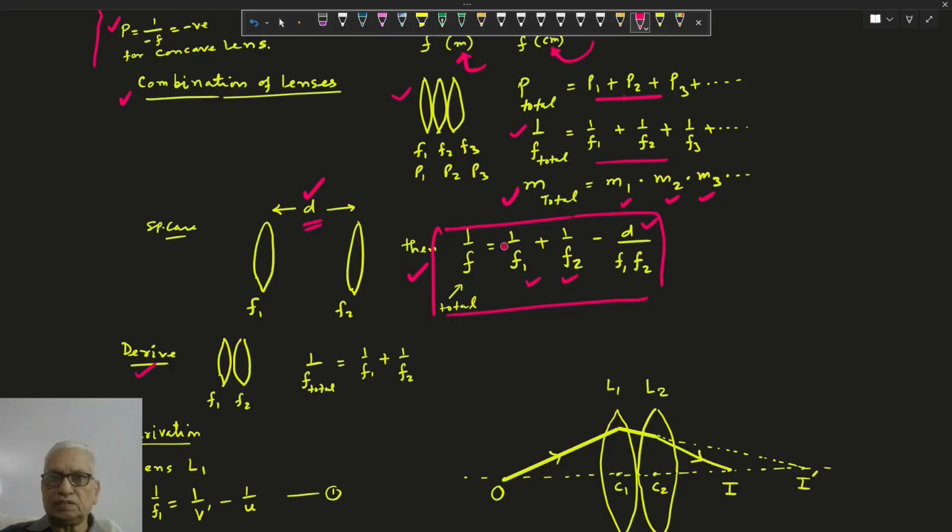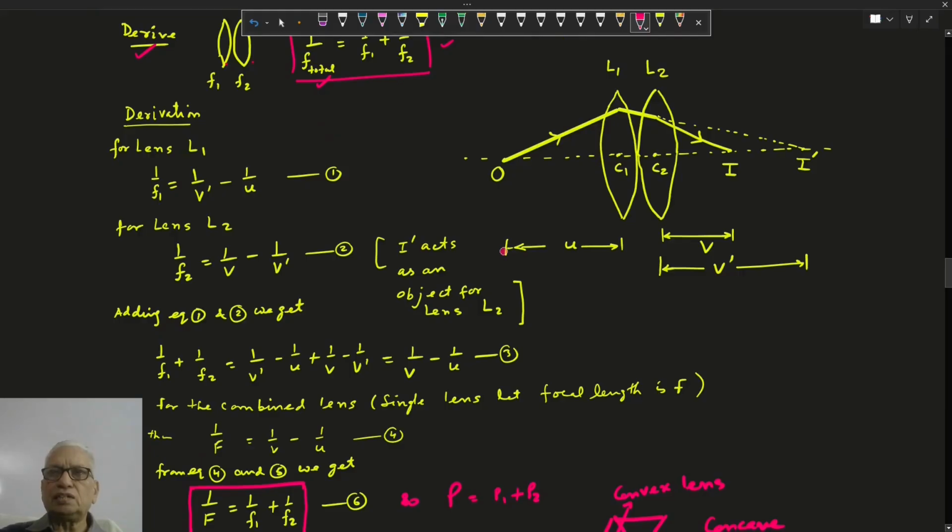There are 2 lenses in contact. We have got the relation of the final total focal length F12. We are going to derive this. Let there be 2 lenses L1, L2 in contact, with centers of curvature C1, C2 and focal length F1. O is the object.